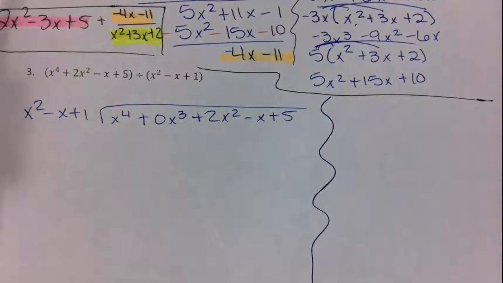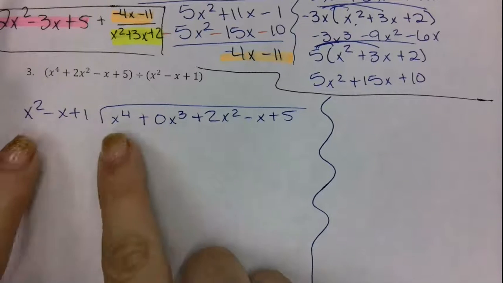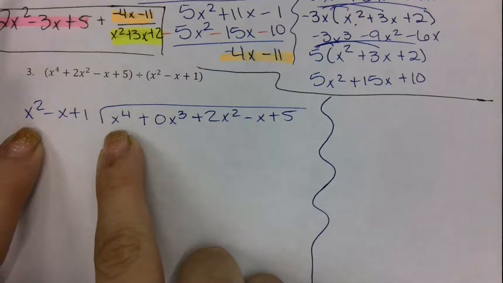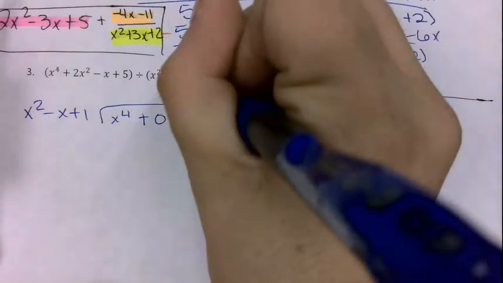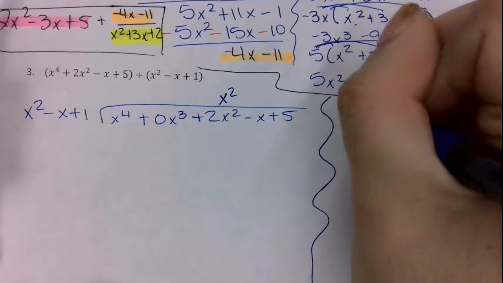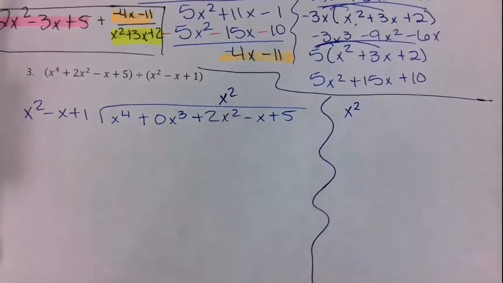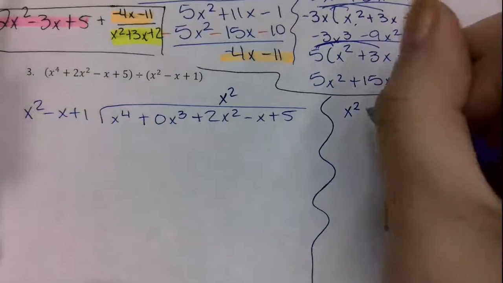Okay, so what do I need to multiply x squared by to turn it into x to the 4th? I want to turn this one into this one. You can do x squared. You put it on top of the x squared.